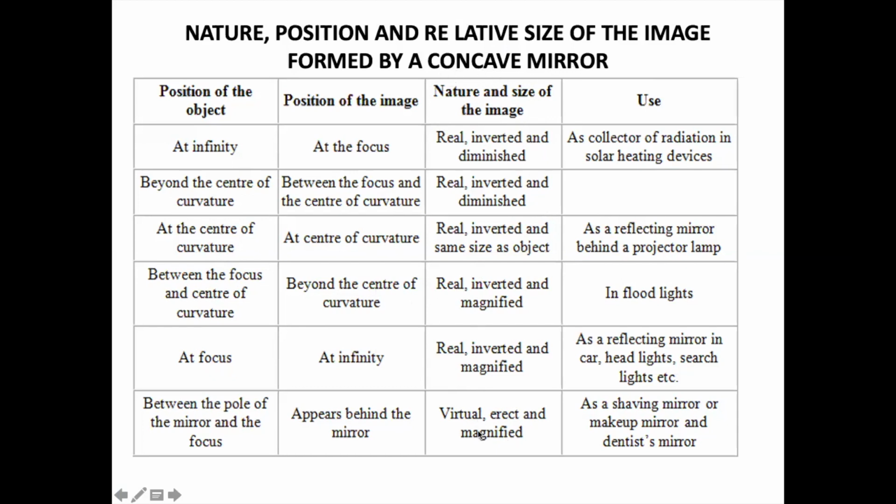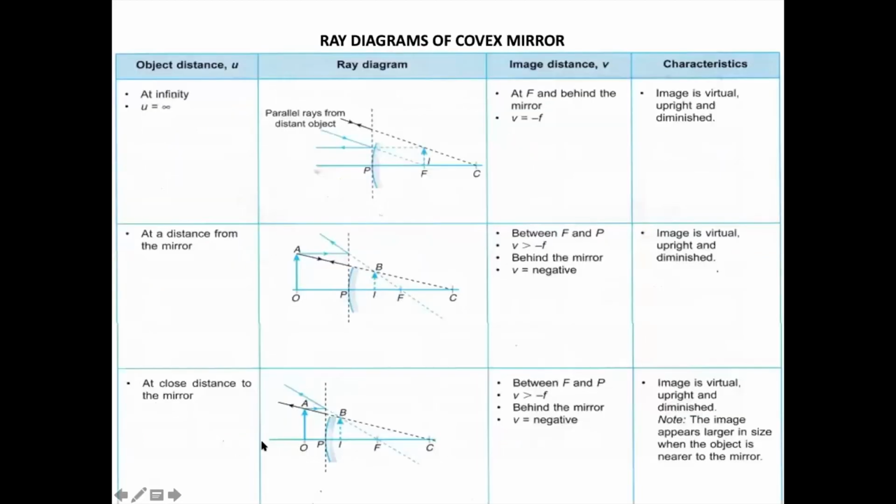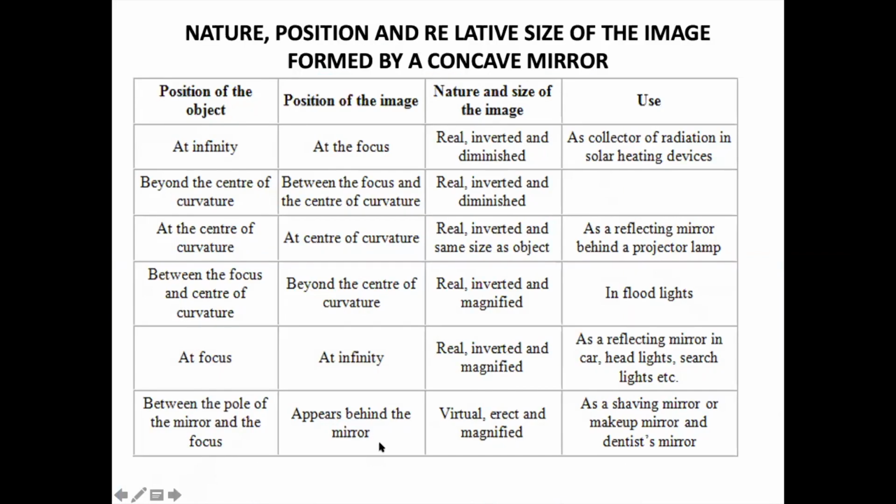In a concave mirror, if a virtual image is formed, it is always magnified. Virtual and erect is there, but it is magnified. In the case of a convex mirror, it is virtual and diminished. So remember: convex mirror, virtual and diminished; concave mirror, virtual and magnified. All the rest of the images are real and inverted.